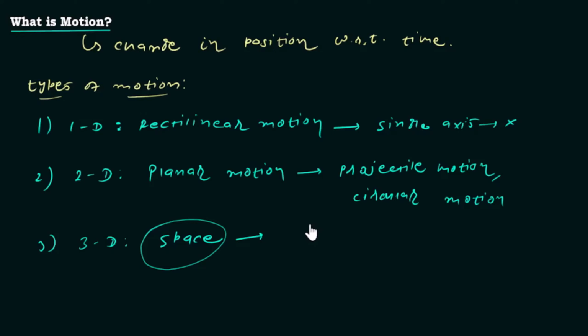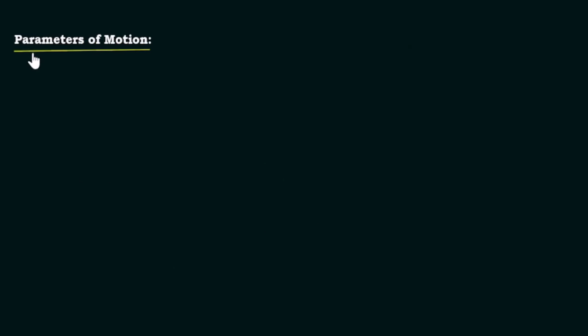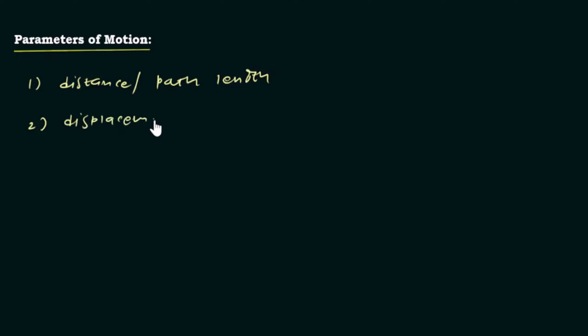Before starting the motion, we should know what kind of parameters we are going to include in this chapter. So, parameters of motion: first parameter is distance or path length. Second is displacement.